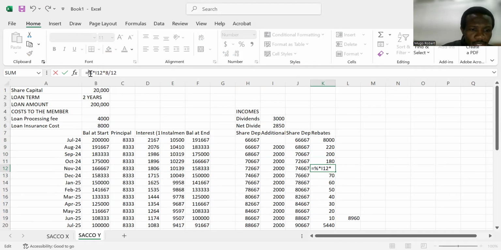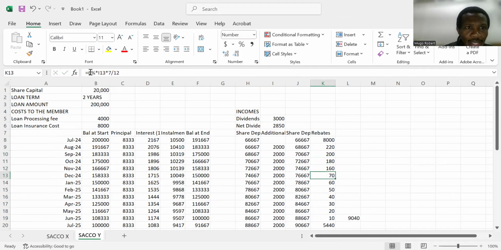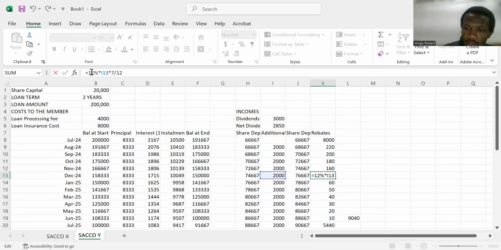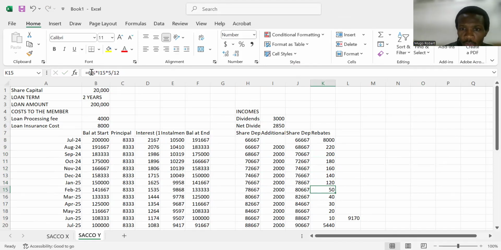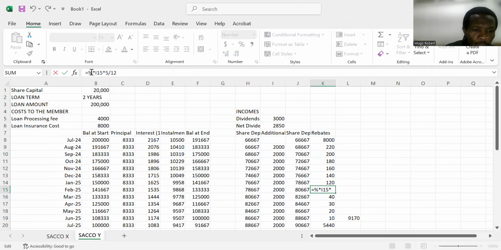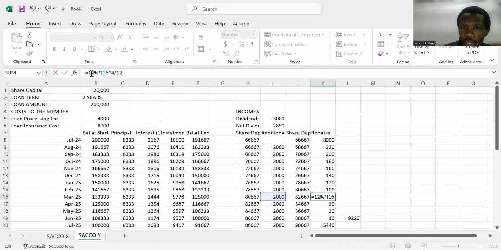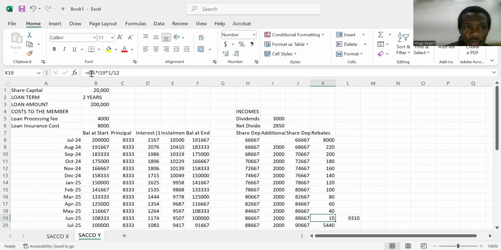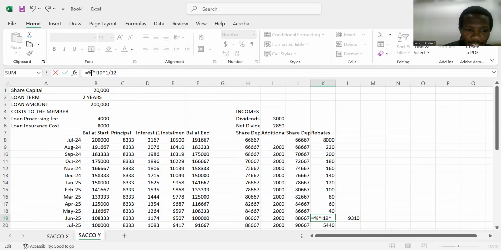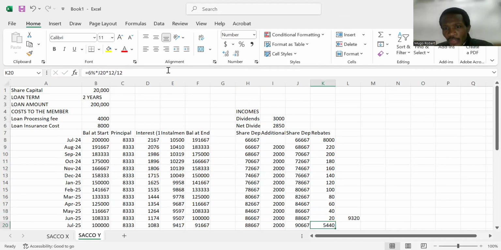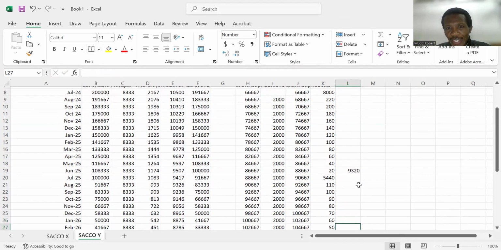Let's see, it will come to what? For each month. Remember, rebates, I said, is normally paid on a prorated basis. We are almost at the end. The last month, 12%. So the rebates that will be paid by this Sacco for year one will be 9,320.